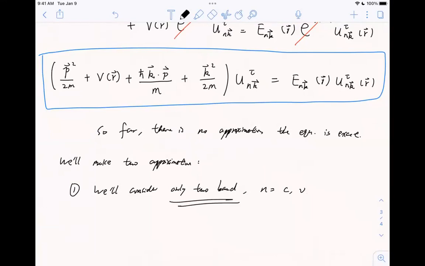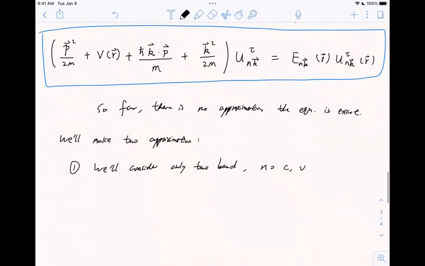So if you say I'm going to cut all the other bands, I only consider 2 bands, then a whole set, infinite number of equations, now only become 2. You only consider mixing between 2 bands. Okay, so this is the usual approximation for the K dot P approximation. You consider all of these terms, but you just cut out all the bands and only consider 2 bands.